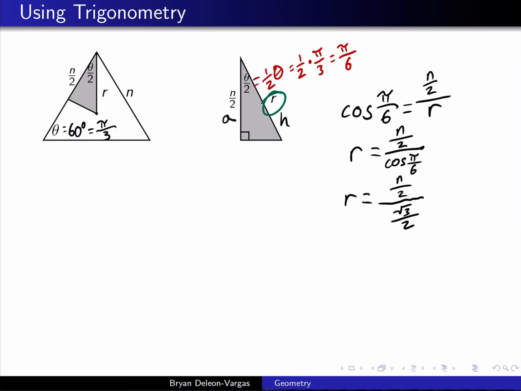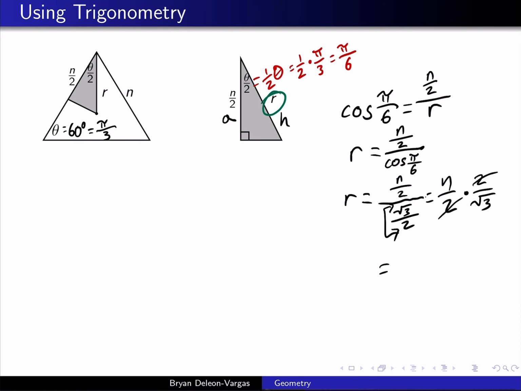Now let's take this division and flip the denominator, then multiply. So that's n over 2 times 2 over square root of 3. The 2's cancel.